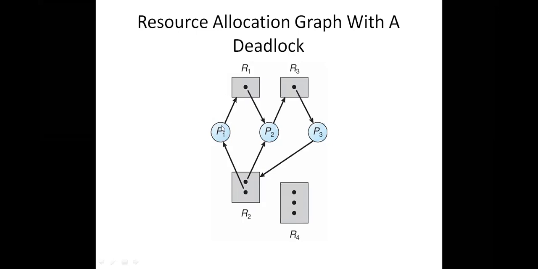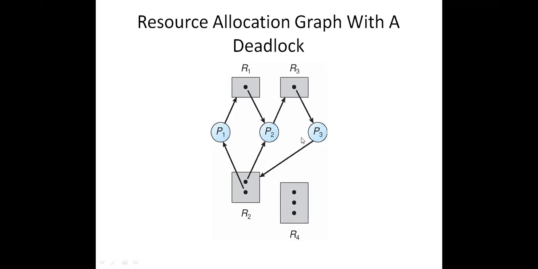I repeat, P1 is waiting for the resource R1. R1 is allocated to P2. That means indirectly P1 is waiting for P2. And next P2 is waiting for R3. R3 was allocated to P3. That means indirectly P2 is waiting for P3. P3 was waiting for one resource and it was allocated to P1.